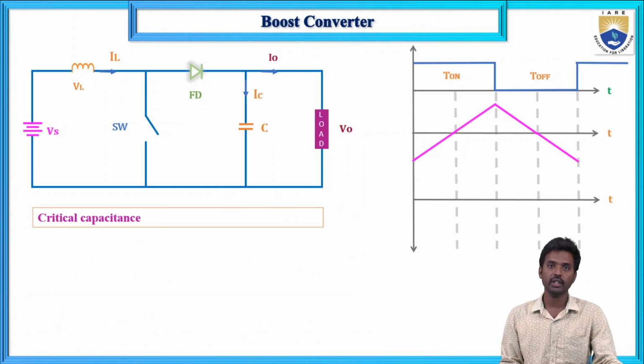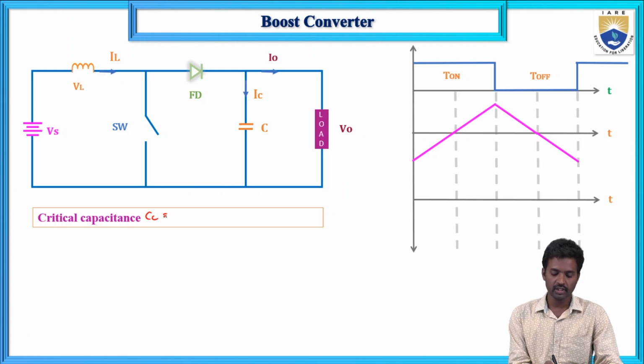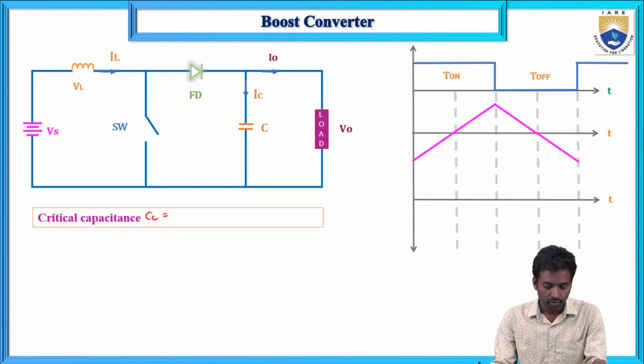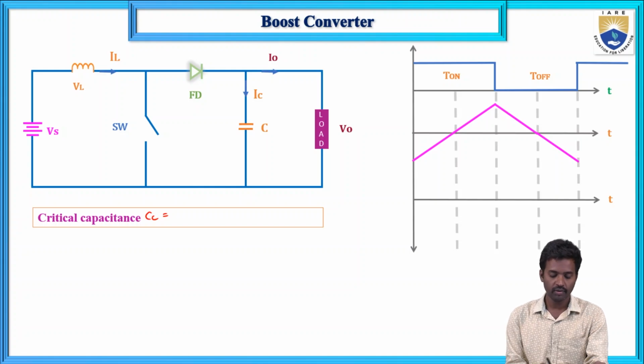And next, what about the critical capacitance? CC is the minimum value of capacitance for which the capacitor voltage, the output voltage, becomes just continuous. So now here what you will do, V naught is equal to V naught minus del Vc by 2 equals 0.